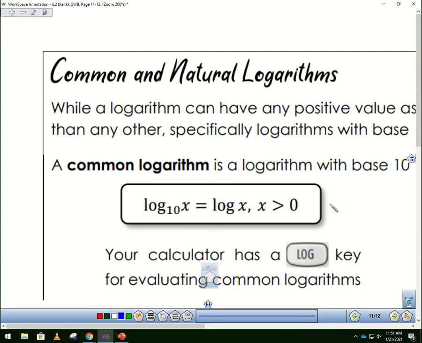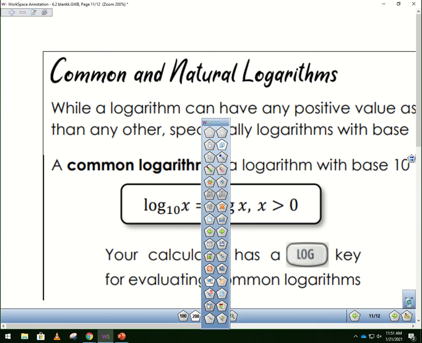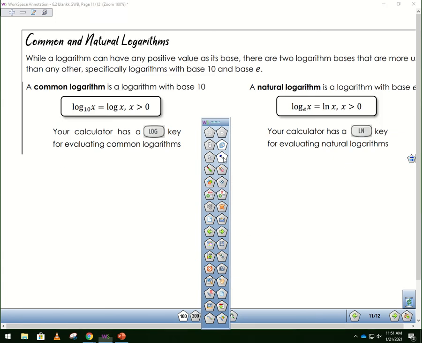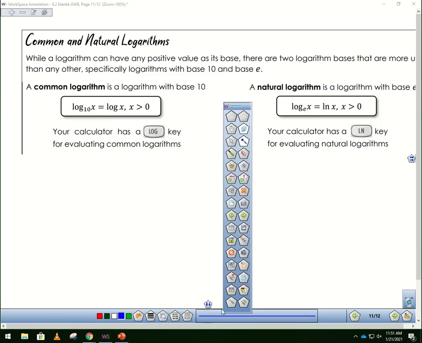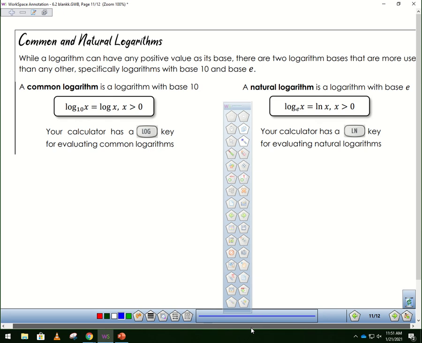All right. So the last thing we're going to be talking about is common and natural logarithms. While a logarithm can have any positive value as its base, there are two logarithm bases that are used more than any other, specifically logarithms with base 10 and base e.